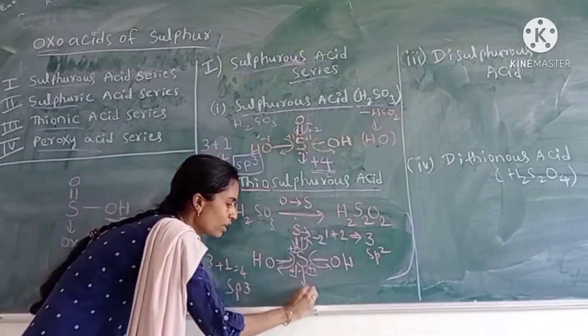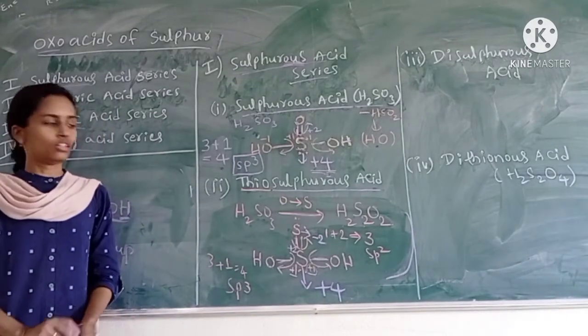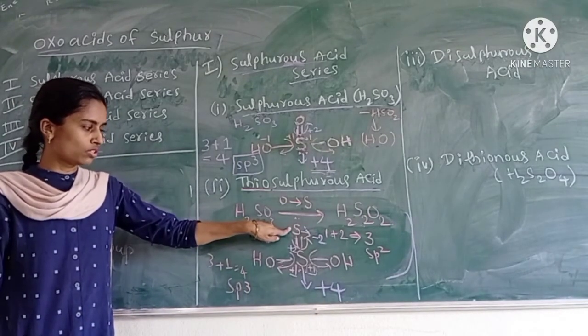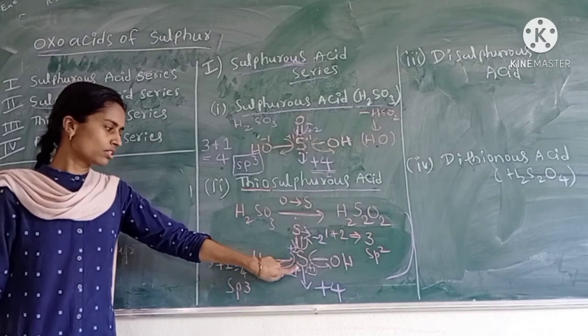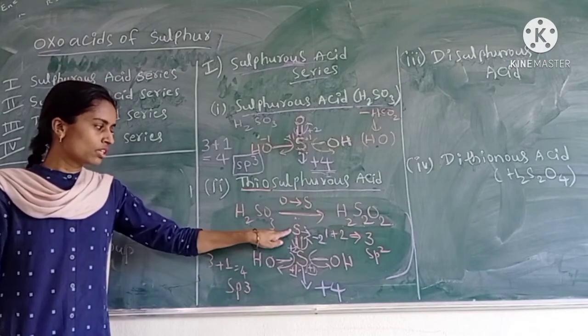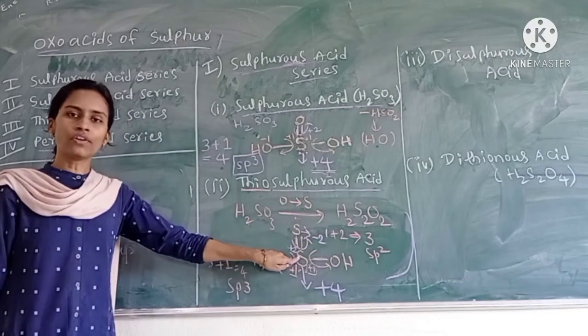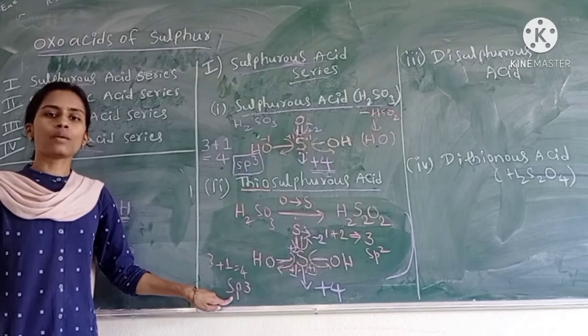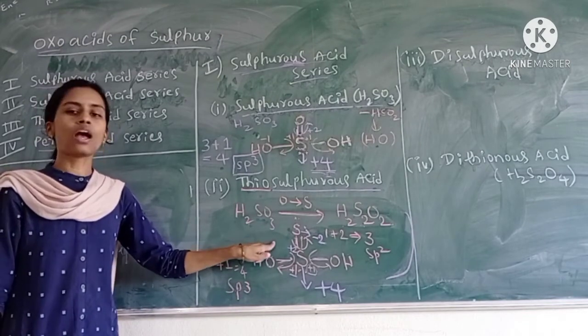So this sulfur will have +4 oxidation state. So one sulfur is in -2 oxidation state and one sulfur is in +4 oxidation state. And this sulfur has sp2 hybridization and the middle sulfur has sp3 hybridization. So this is the structure, oxidation number and hybridization.